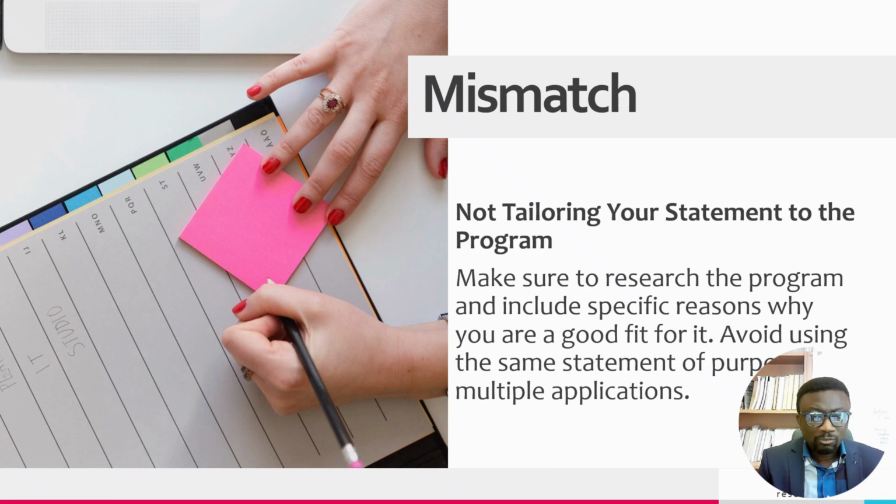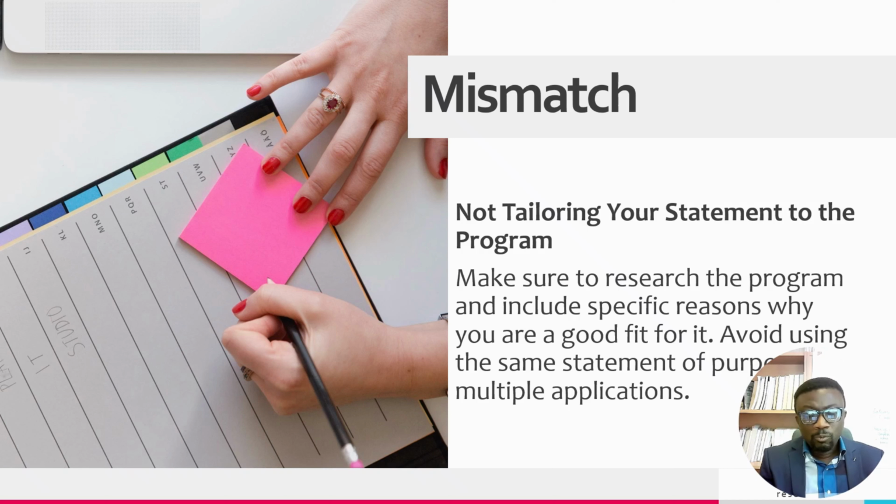Usually it happens when you are sending applications to several universities and for one of them you have applied for maybe economics or something like that. So in your statement of purpose you have stated that, okay, I will be very delighted to take up this program with your university.